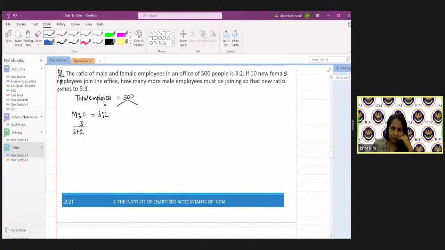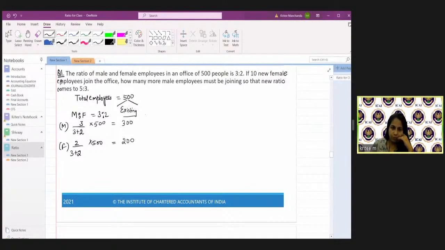So 3 upon 3 plus 2 of 500 will give me the male members. 2 upon 3 plus 2 of 500 will give me female members. So the male members are 300, female members are 200. This is the existing situation.